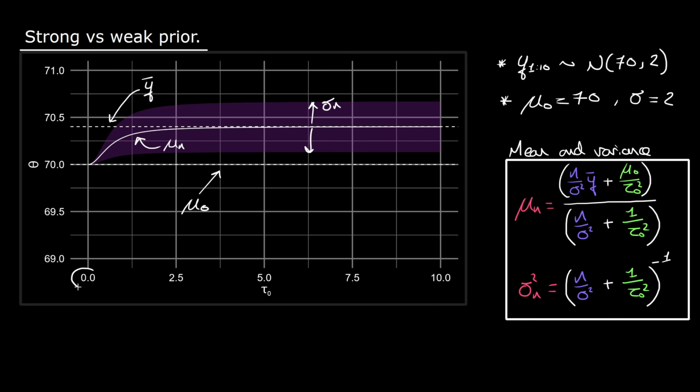The prior is very strong when tau is close to 0. As tau increases, the prior weakens to allow the information in the likelihood to propagate into the posterior.